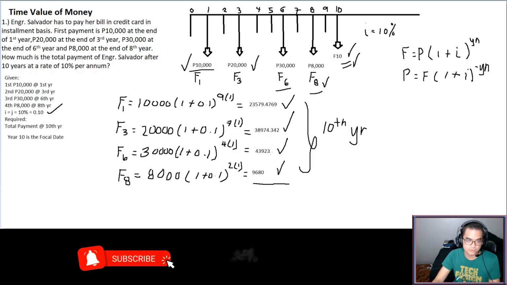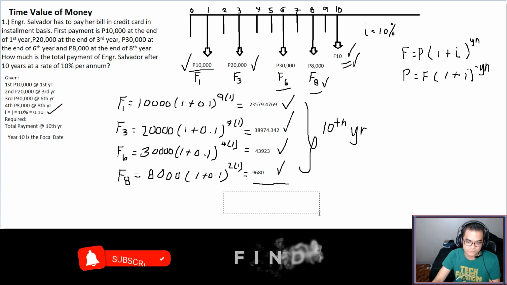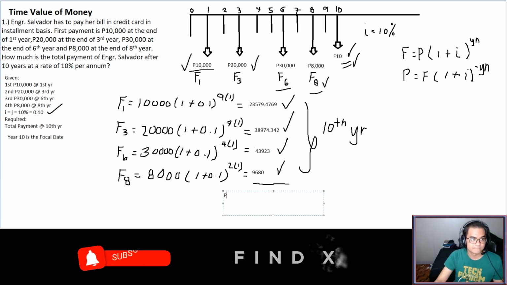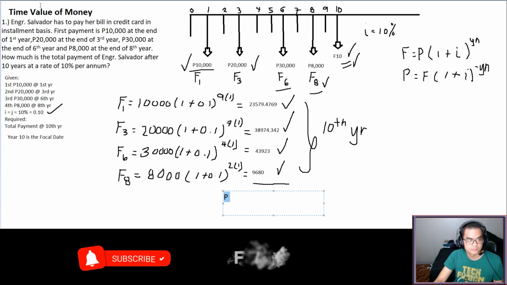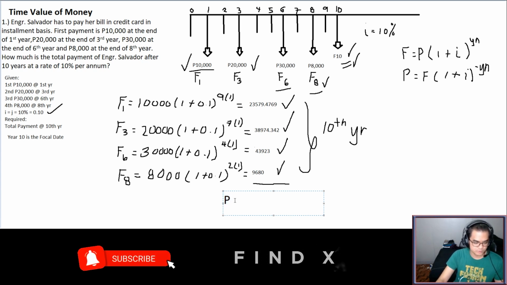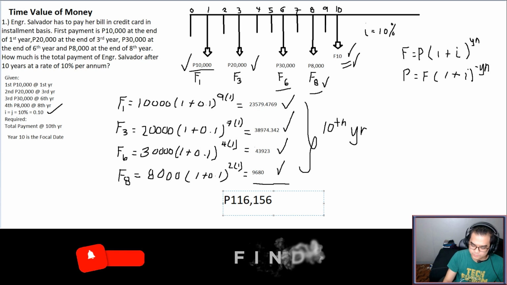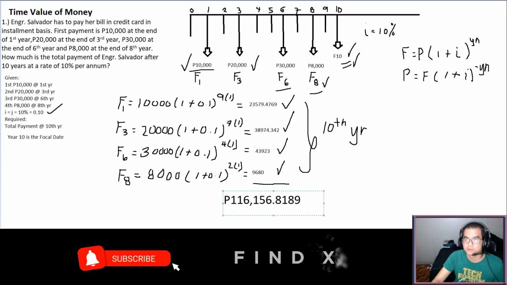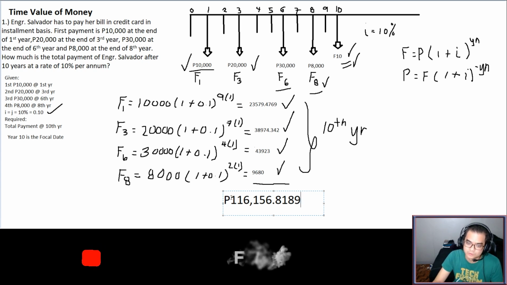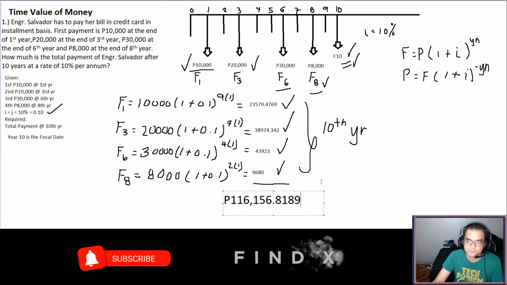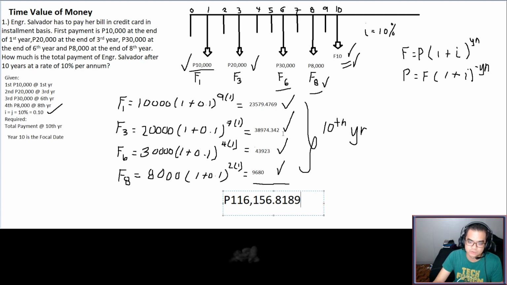Okay, so adding all those, you'll have the final answer of, I think we can make it bigger so that you can see. Total answer will be 116,156.8189. So that will be your total payment that Engineer Salvador paid. So that is your answer. So this is with year 10 as your focal date.